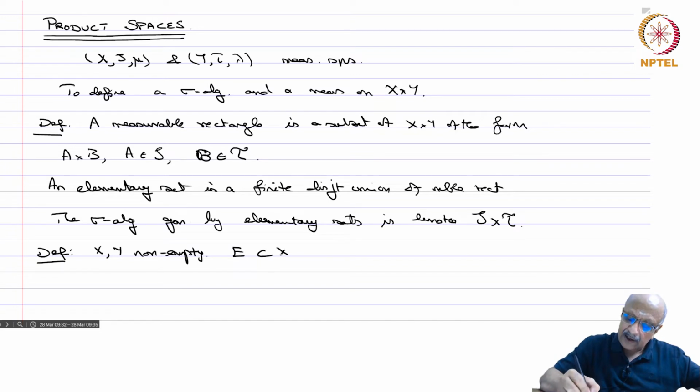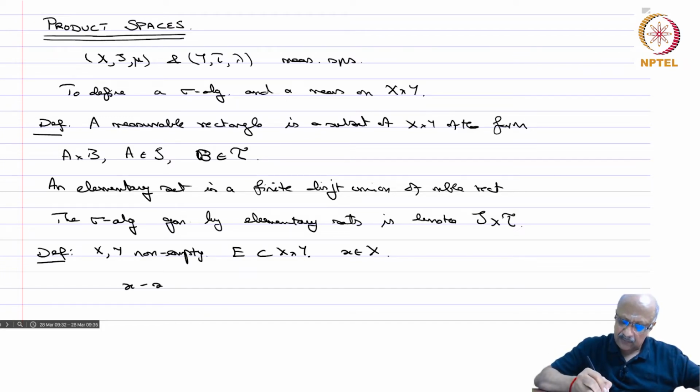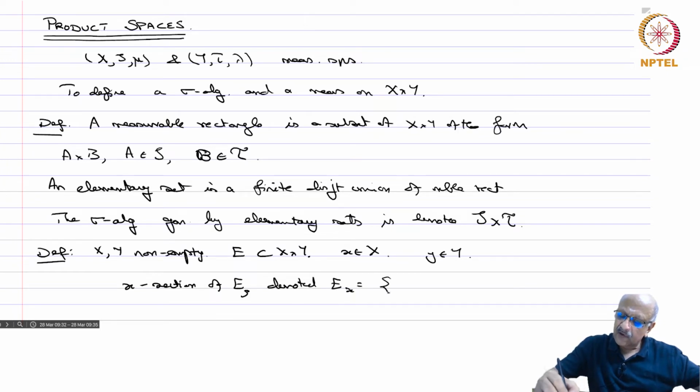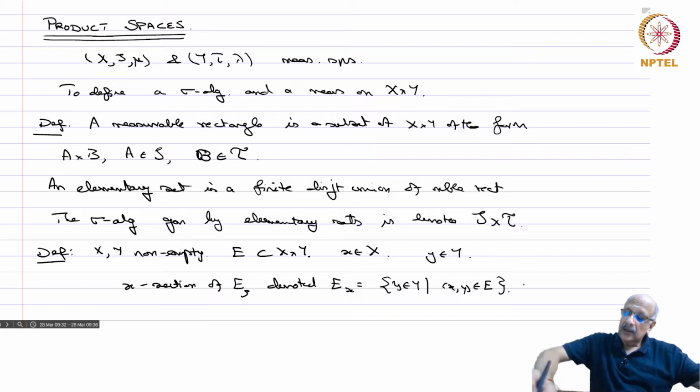E contained in X cross Y and x in X. Then we say the x section of E, and say y in Y, denoted E sub x, is the set of all y in Y such that (x, y) belongs to E. So this is a subset of Y, remember.